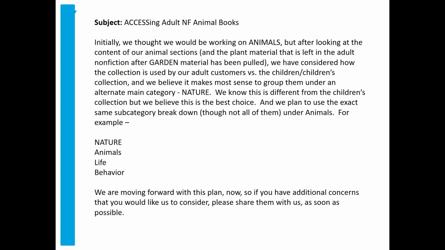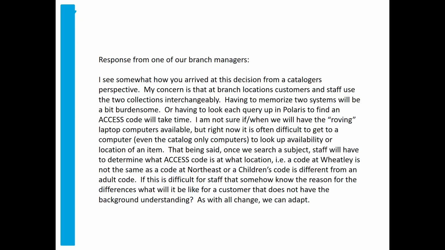But as it stands, just looking at that collection, this would be an excellent solution. However, when we got feedback from one of the branch managers, she pointed out that having animals as a subset of nature is different from how the children's collection handled it, where animals is a top level category.